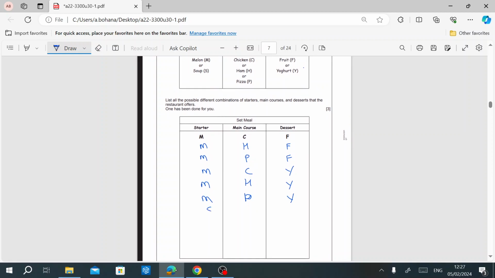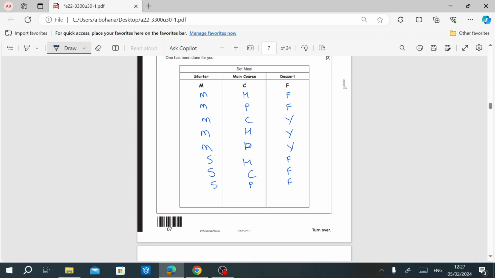So it's going to be S, H, F, S, C, F, S, P, F, and finally S, H, Y, S, C, Y, S, P, Y. Very untidy, I'm sorry guys, but you get the general idea anyway.